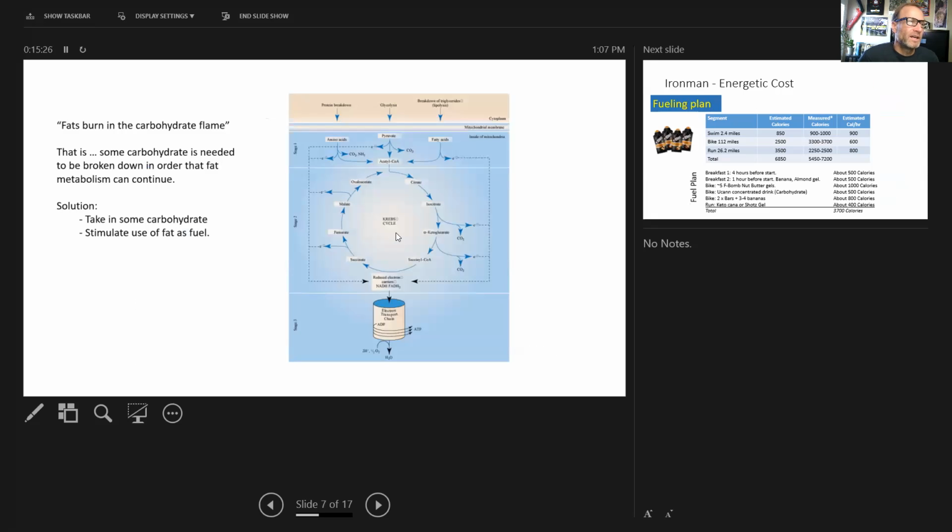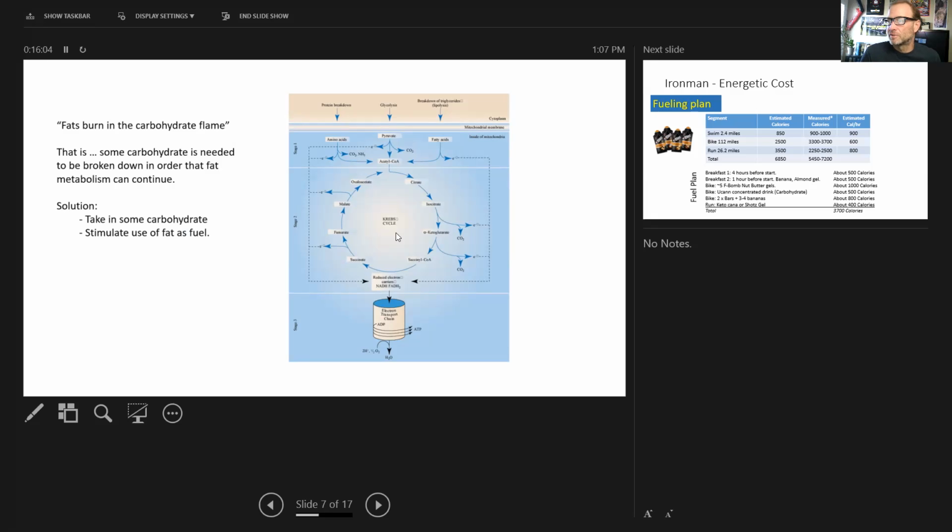Well, part of it is that we know our physiology, that fats burn in the carbohydrate flame. In order for fats to be used in the energetic pathway, we need some carbohydrate to be available as well. And if that carbohydrate is not available, everything starts to slow down. So the solution is we've got to take in some carbohydrate in order to use fat as a fuel, and maybe even take in some things to stimulate use of fat.